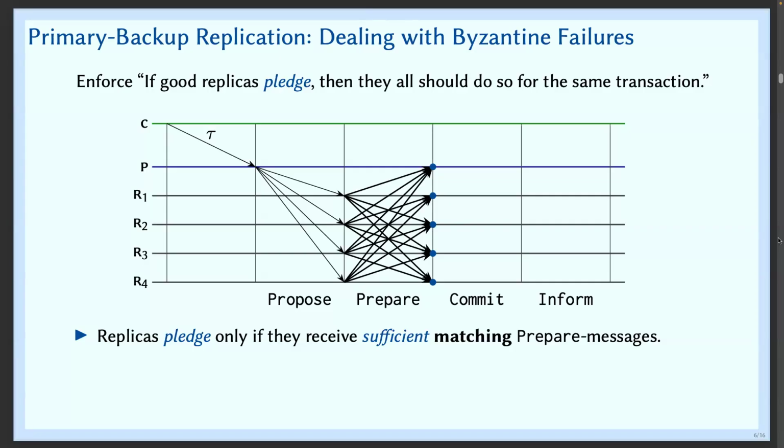Sure, you have to have 3F plus 1, because after those 2F plus 1... Yes, that is a correct statement, but in order to support F malicious faults, your system has to have a 3F plus 1 quorum.